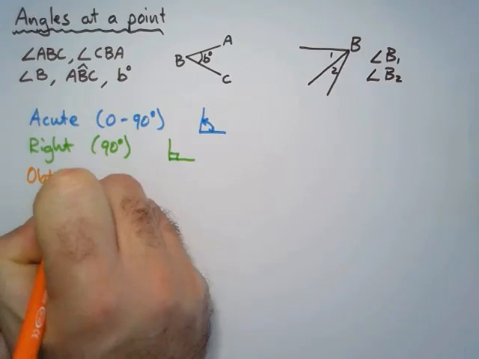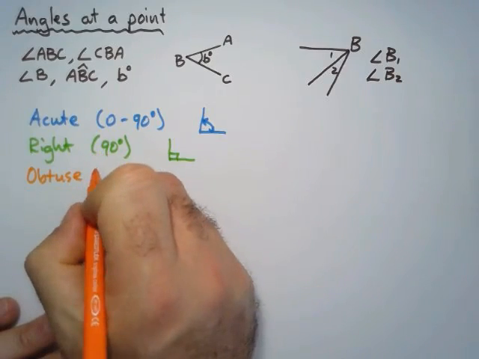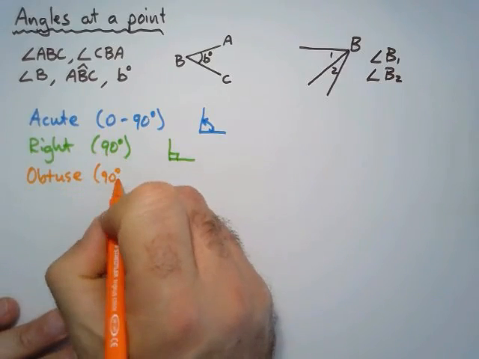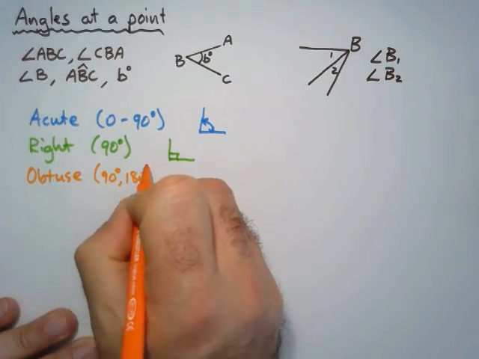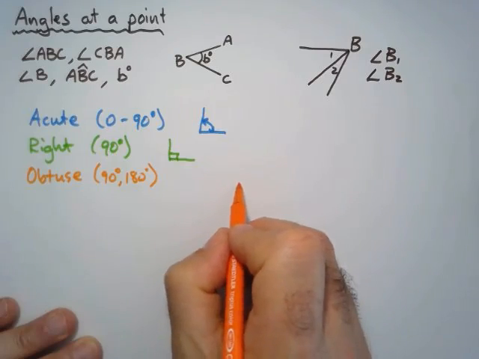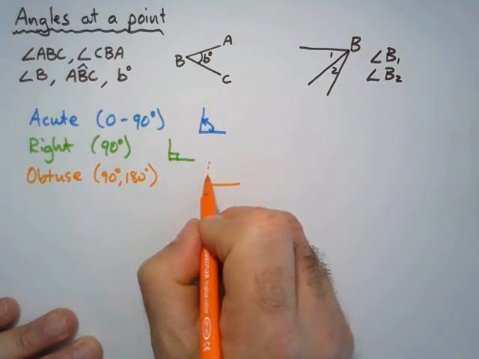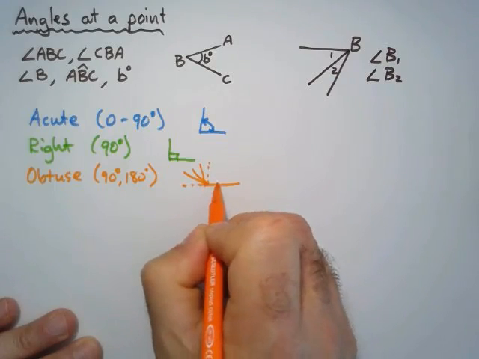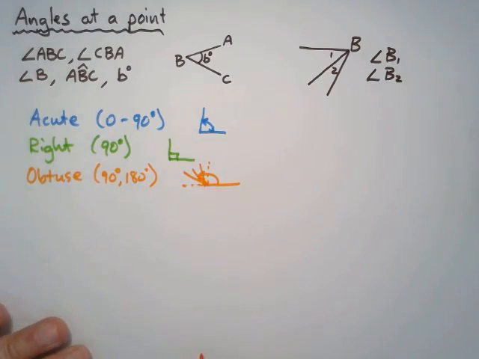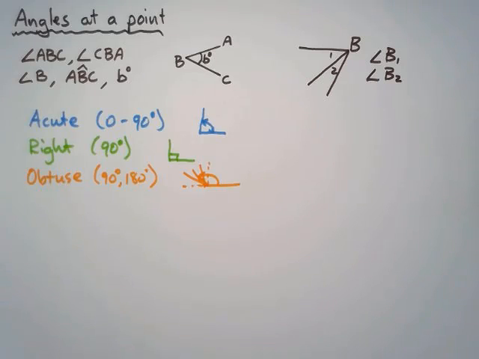Obtuse is an angle between 90 degrees and 180 degrees. So anywhere here will give us an obtuse angle.